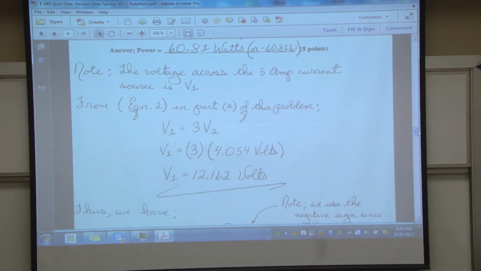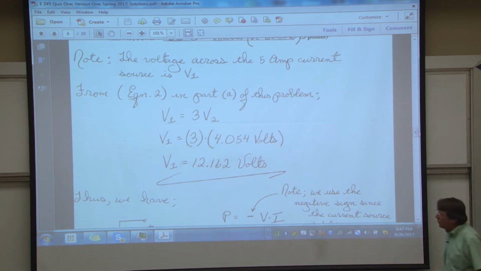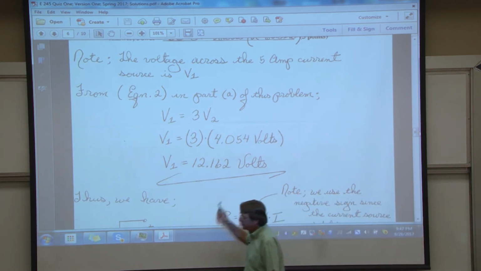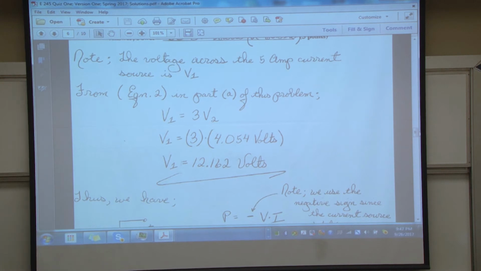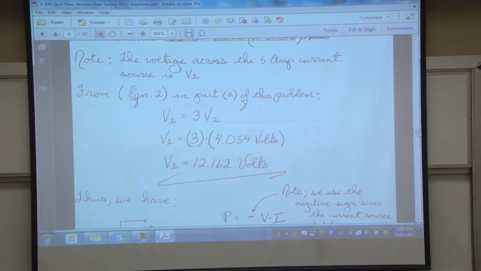So here, V1 is now 12.162 volts. Now let me draw this to make sure we're okay. 5 amps.